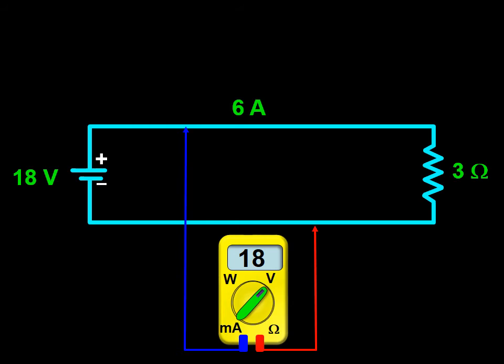If we use a voltmeter connected to the upper and lower rails of this circuit, we would get a reading of 18 volts. This implies that the volts in the upper rail is 0 and the volts in the lower rail is 18.